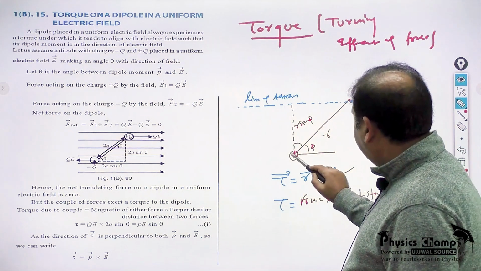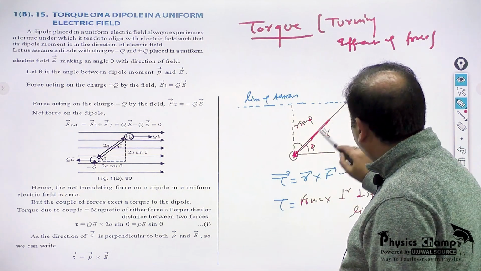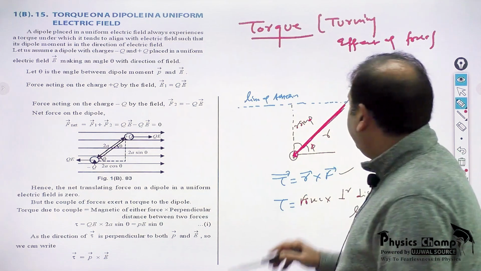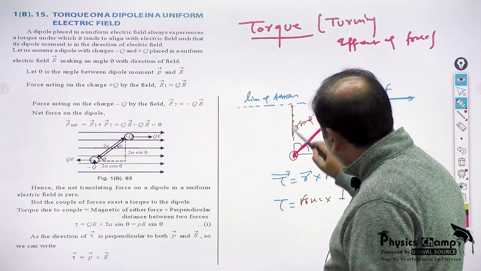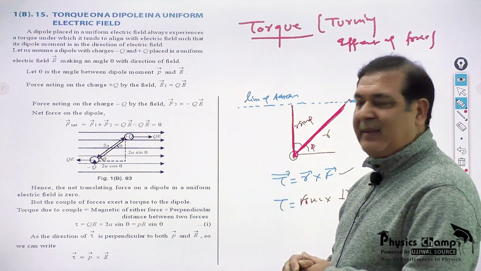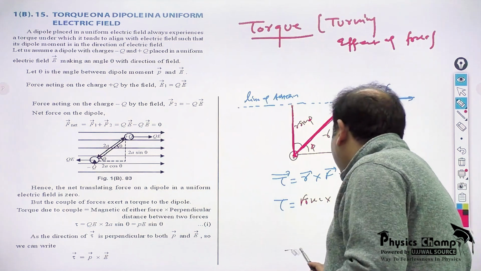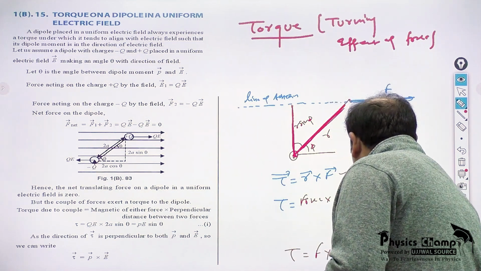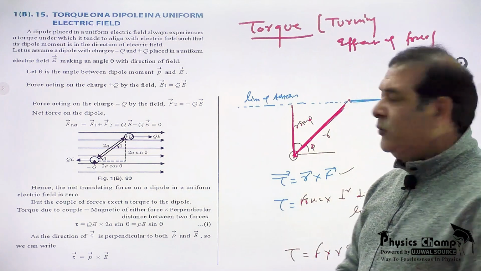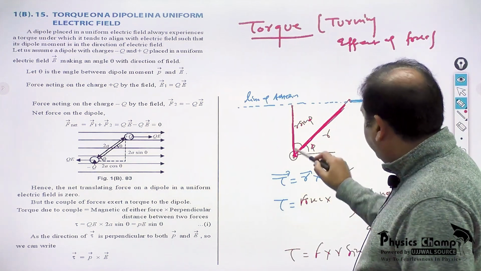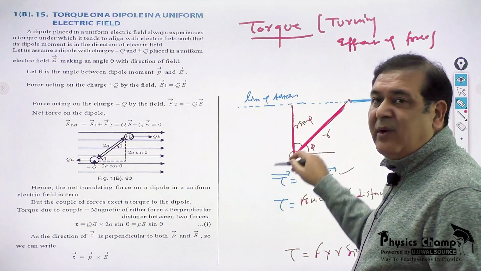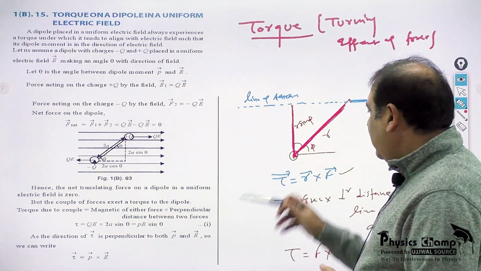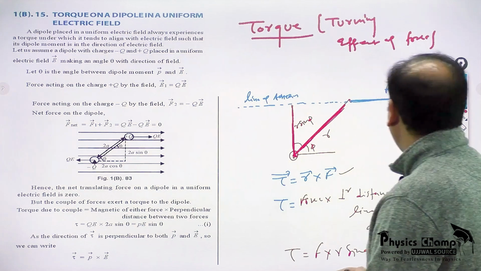Here is the axis and here is the rod of length r. Its perpendicular distance from line of action will be what? r sin phi. So, you call torque here as F into r sin phi. So, it is the force into perpendicular distance of line of action from axis of rotation. That's how you learn the concept of torque in class 11th.